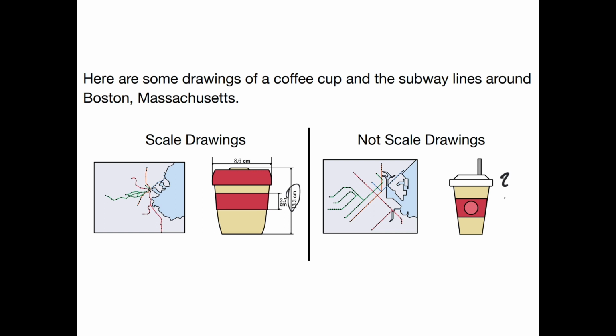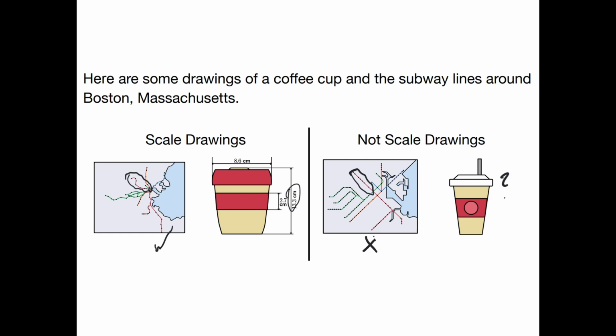Which is why you'll see that this, while it's a straight line, doesn't really represent what's actually happening with that railway. And then scale drawings give you a much more complete picture of the actual object, which is true because this one is more detailed probably than this one here.